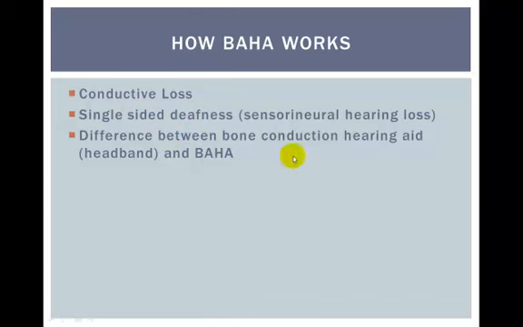A difference between a bone conduction hearing aid, which is a headband, and a BAHA. Before the advent of the BAHA, or implantable bone-anchored hearing aid, we fit all long-standing conductive losses with that bone conduction hearing aid or headband. And that's typically not the case anymore, because people, and even children, when their head is developed enough, parents opt for a BAHA.